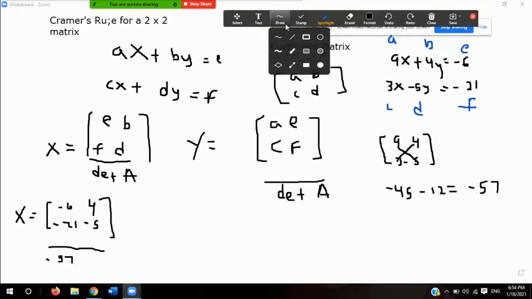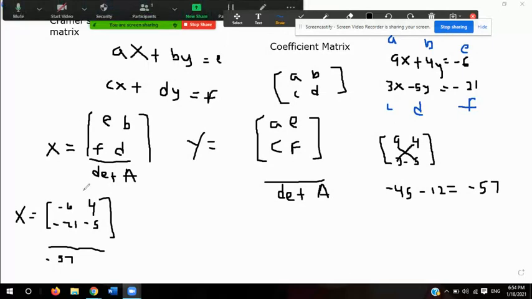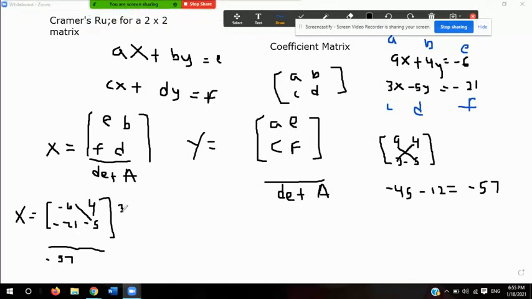If we do that, we multiply negative 6 times negative 5, and that would be 30. Minus negative 21 times 4, which is negative 84.